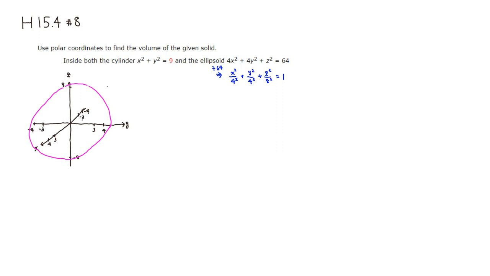So this is actually inside the ellipsoid. For the cylinder, I'm going to actually have to draw a circular cylinder. So I'm going to try to draw a circle like that, and then it's a cylinder, so it's going to go up like this.